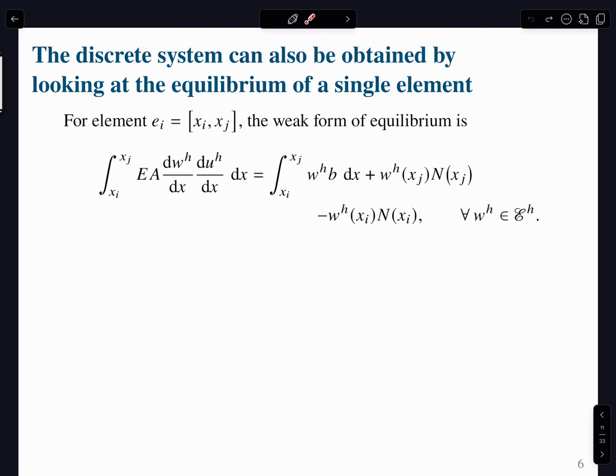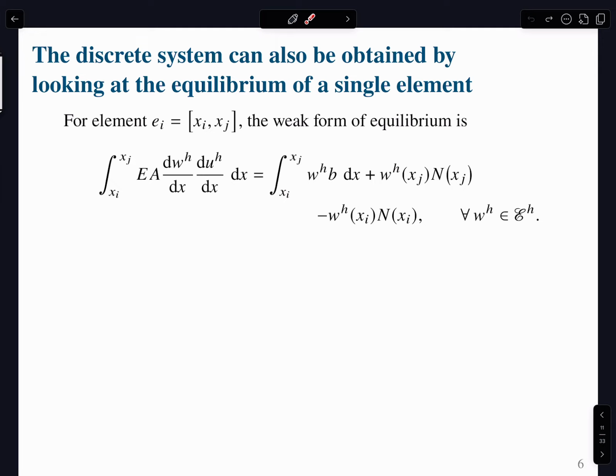So if I now look at the element level, if I isolate one simple element with coordinates xi and xj, and I write my variational or weak form of equilibrium, you can see this from the abstract point of view as the bilinear form equal to the linear form for all test functions, or you can simply write the variational form of equilibrium, and then you write it like that. Everywhere you see a W in the variational form is changed to a Wh, meaning that I'm already in the finite dimensional space. This is already the Galerkin projection.